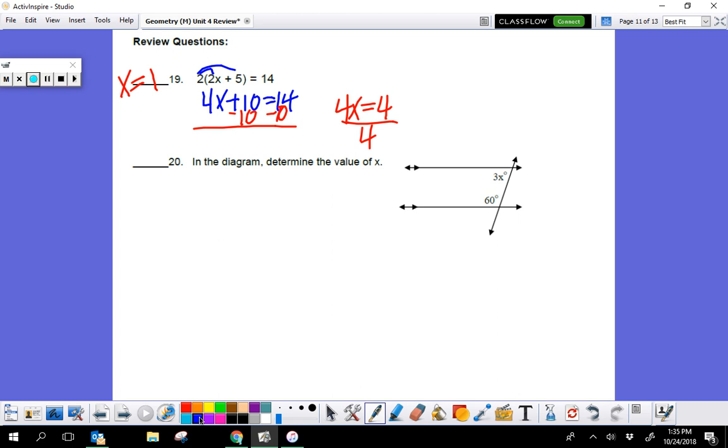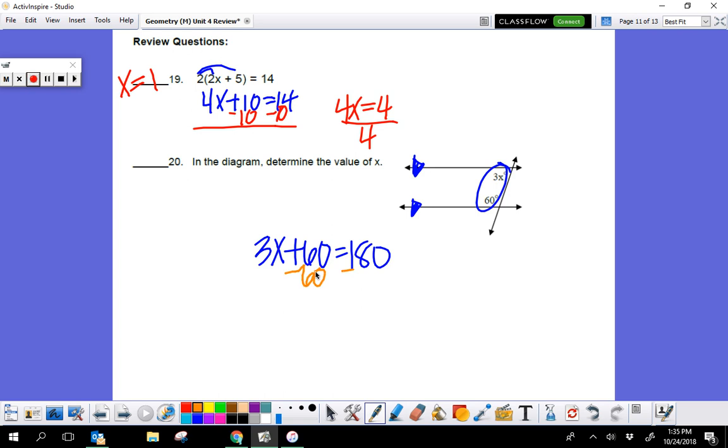Okay, number 20, in the diagram, determine the value of x. These little triangles right here are showing you that these lines are parallel. That means these are considered same side interior, which means same side, remember those are supplementary. So I have 3x plus 60 equals 180.